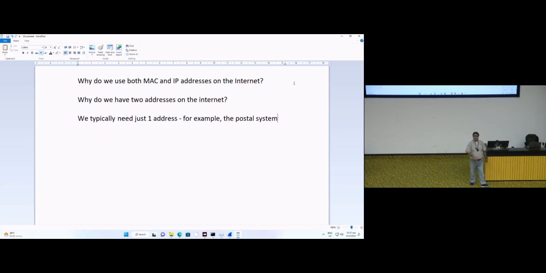This is why it bugged me for a long time. When I started learning about networking, this bugged me. Why do we have two addresses? Or not have, why do we use two addresses? You can have many addresses. You just don't use them, right? But why do we use them? So that's the question. Why do we have two addresses on the internet instead of just one, when in the postal system you just need one? And so this is a true fact, okay? This is a true fact.